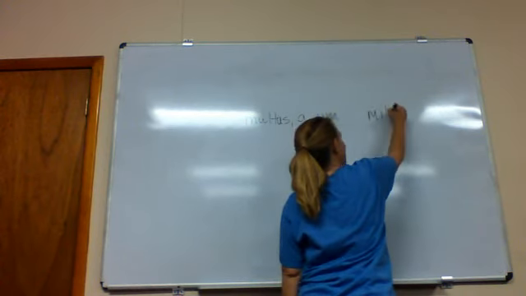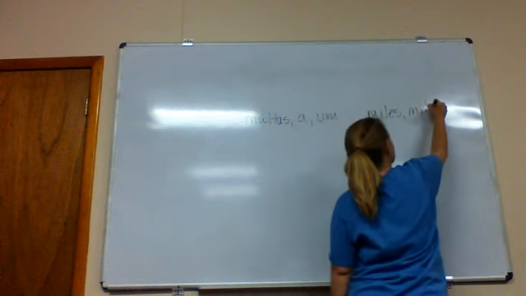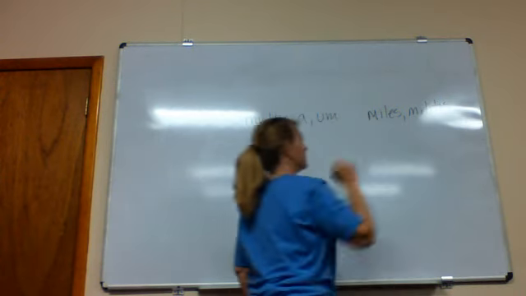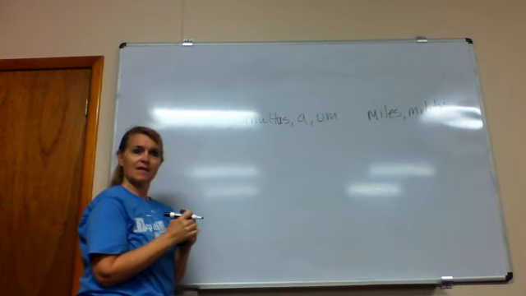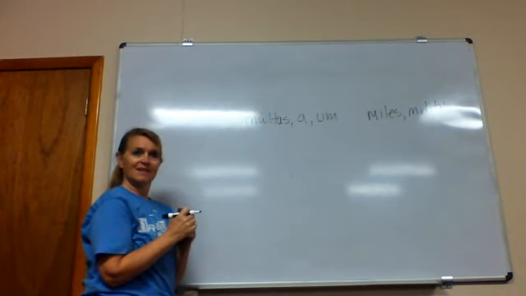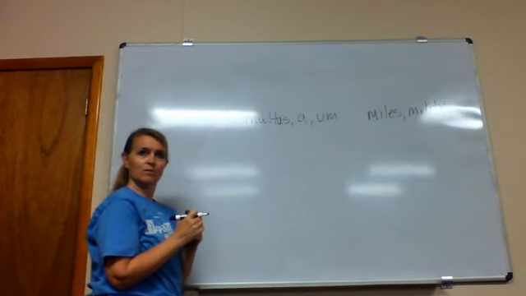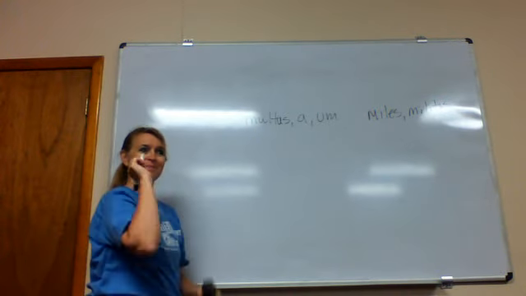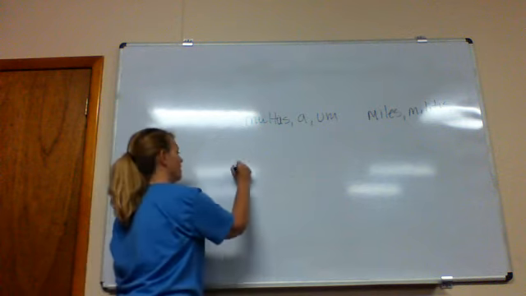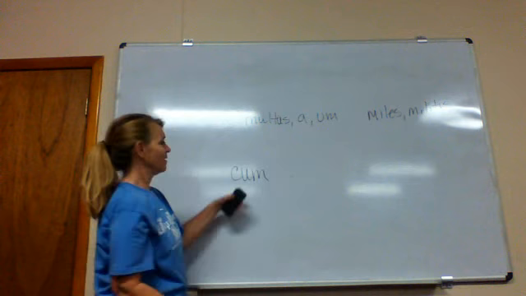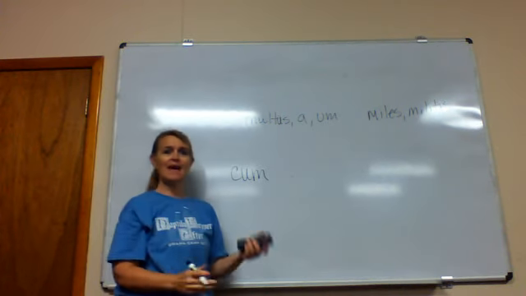Miles, militis, good. Now we've got to figure this out. Has anybody done it yet? What do we need first? The preposition. What is the preposition? Cum. With. Now, what case does with take?